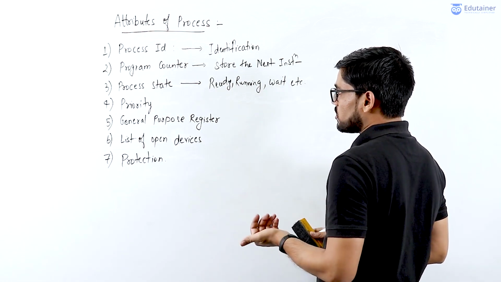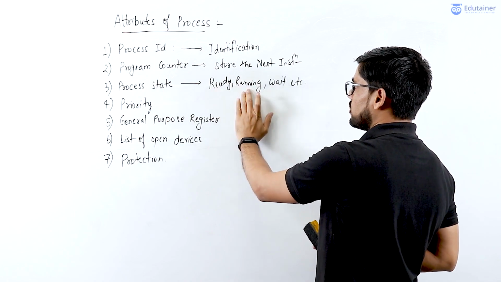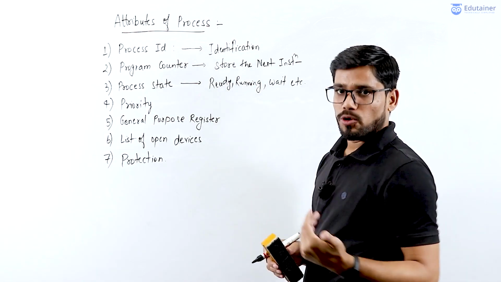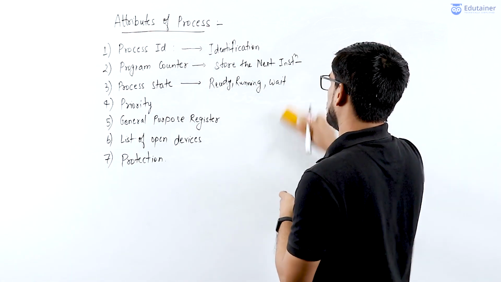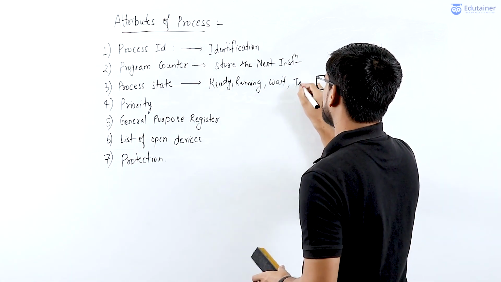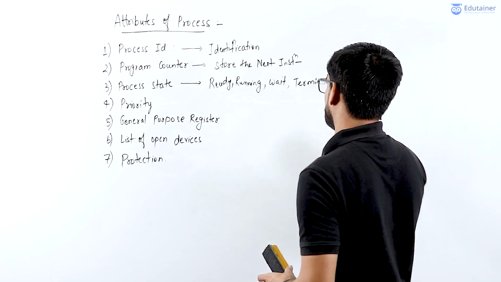Whenever a process is created, it will first reside in the ready state, then it will go to the running state, and maybe it requires input output time, then it will go to the wait state, otherwise it will directly go to the termination state. There are various states related to that, and we will discuss shortly what these states are.